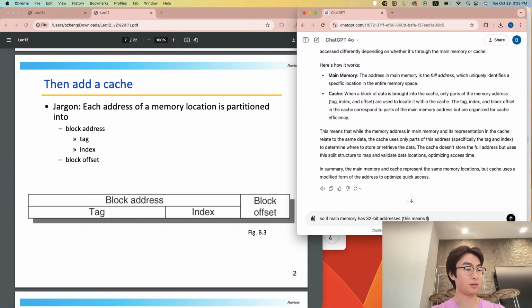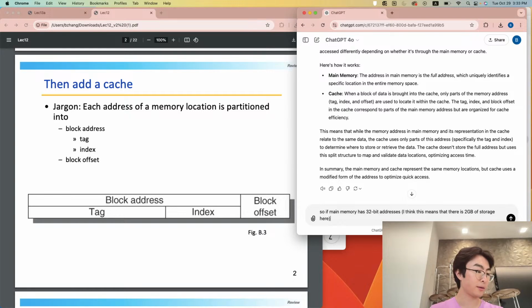So this means that there is 2 to the 32. Okay, so 2 to the 32, I think a gigabyte is 2 to the 30. So this is 2 gigabytes of data storage here.